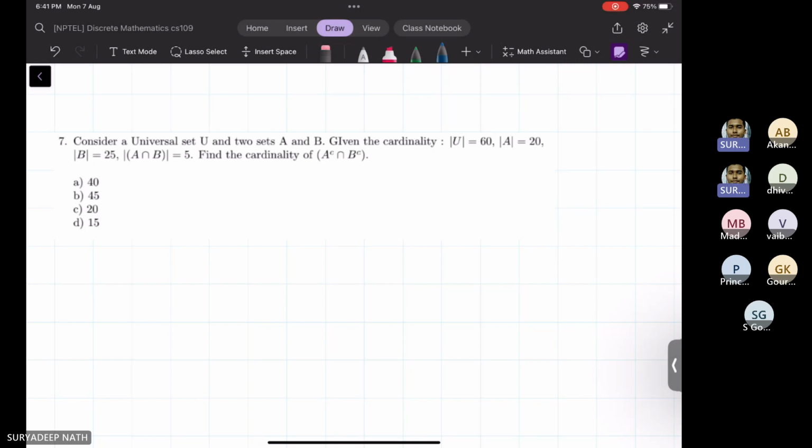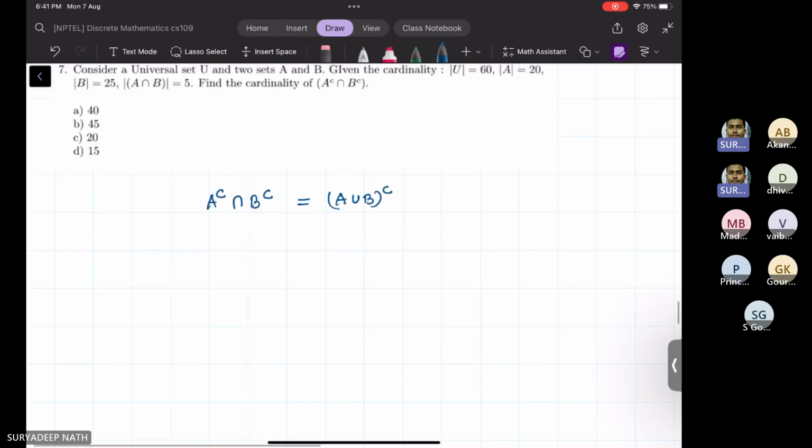So basically, using De Morgan's law, again we can write A complement intersection B complement is A union B full complement. This is from De Morgan's law.